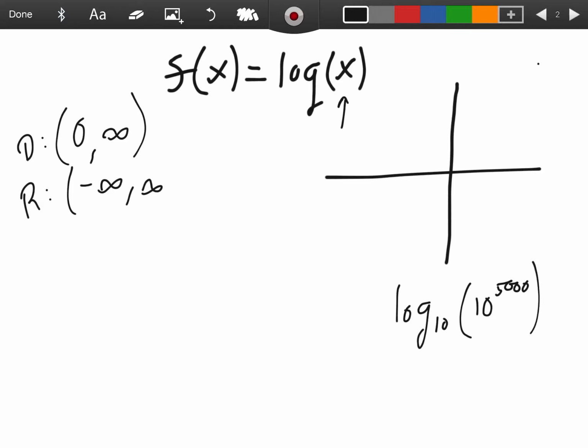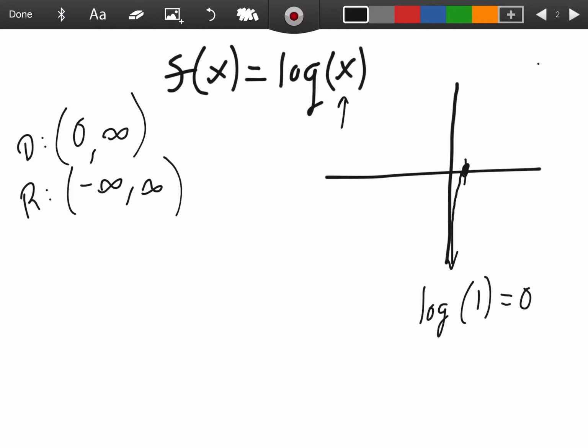All right, let's look at what the graph of this may look like. Well, we're going to have an x-intercept of 1, because we know that log of 1, well, 10 to what power equals 1, is 0. We are never going to cross the y-axis because our domain is 0 to infinity. So as we get closer and closer to 0, we're going to be going down to negative infinity.